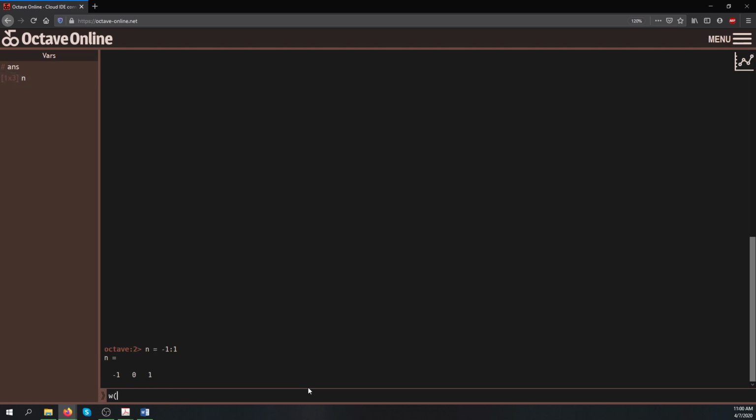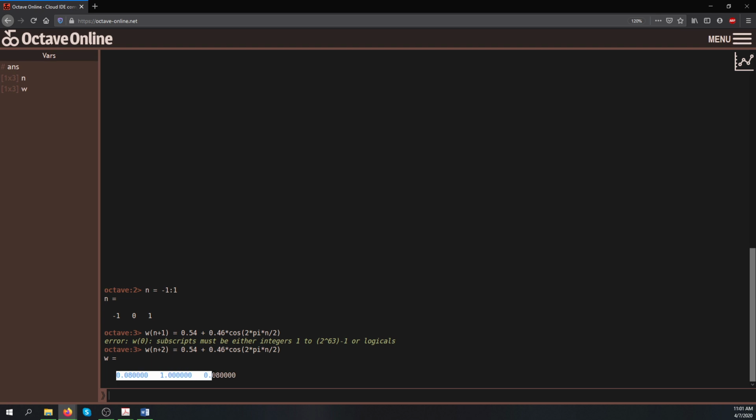And then we have to say w of n plus 1, because we have that negative index and not being accepted by Octave, 0.54 plus 0.46 multiplied by cosine of 2 pi n divided by capital N, which was 3, so 3 minus 1 is 2. Okay, so this needs to be w of n plus 2. And we get our w equation coefficients here accordingly.